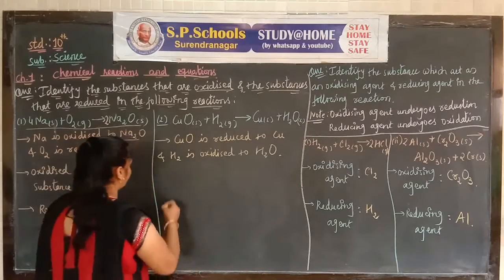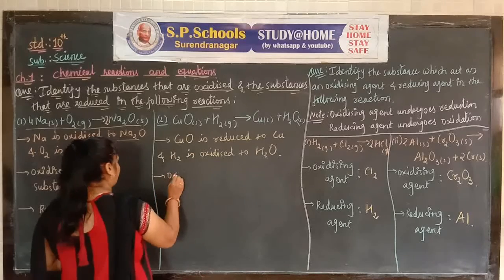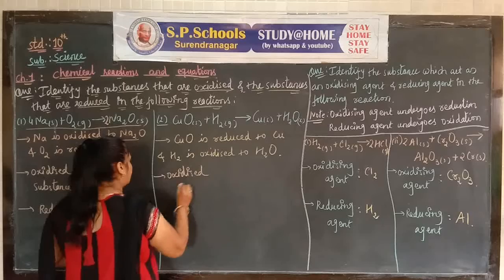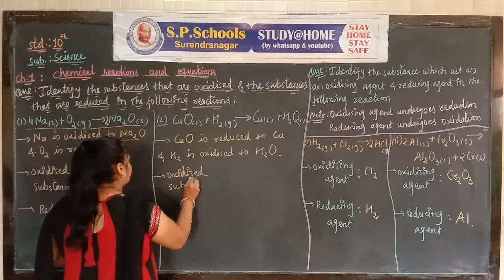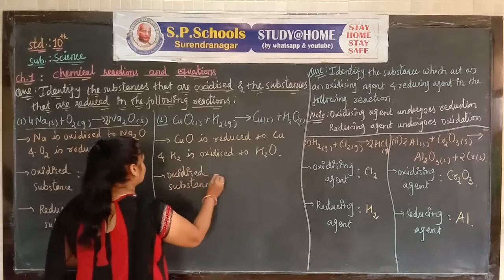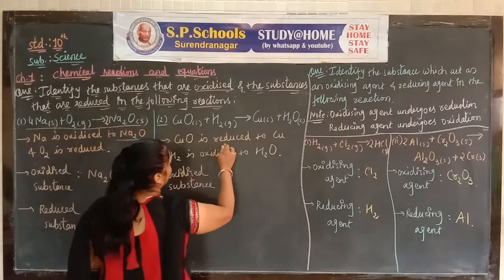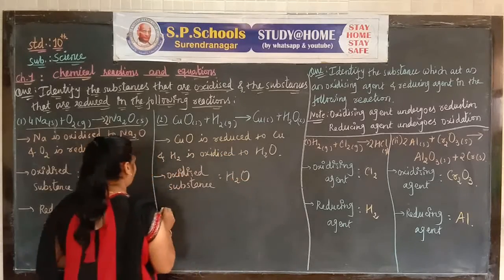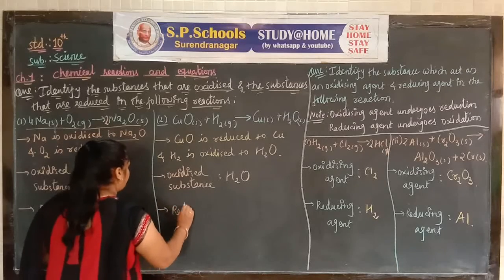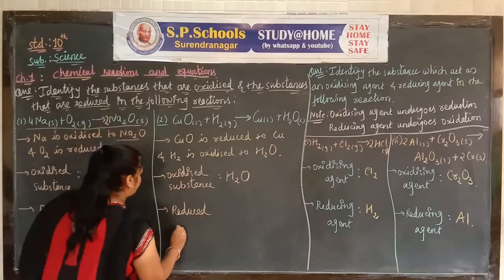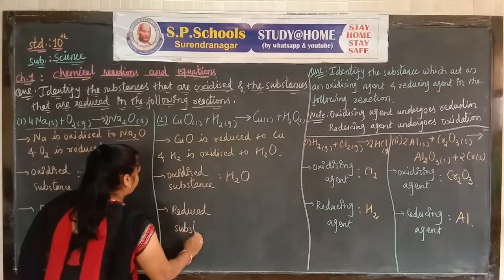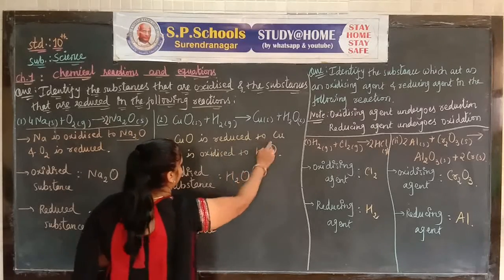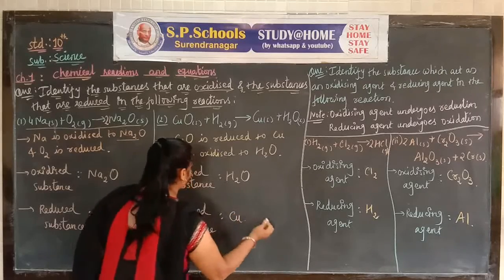So here the oxidized substance is H2O and the reduced substance is Cu.